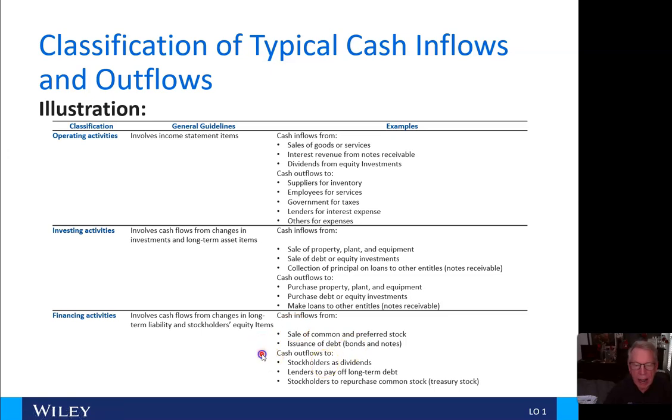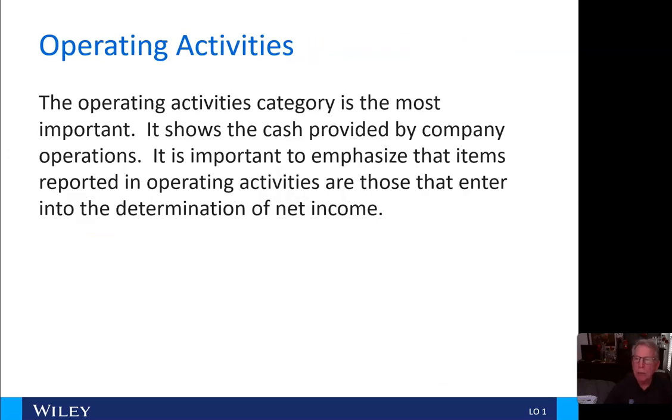And then our cash outflows to stockholders as dividends, maybe to lenders to pay off long-term debt, and stockholders to repurchase treasury stock. Okay, that gives you a good view of how cash would come in and out of a corporation.